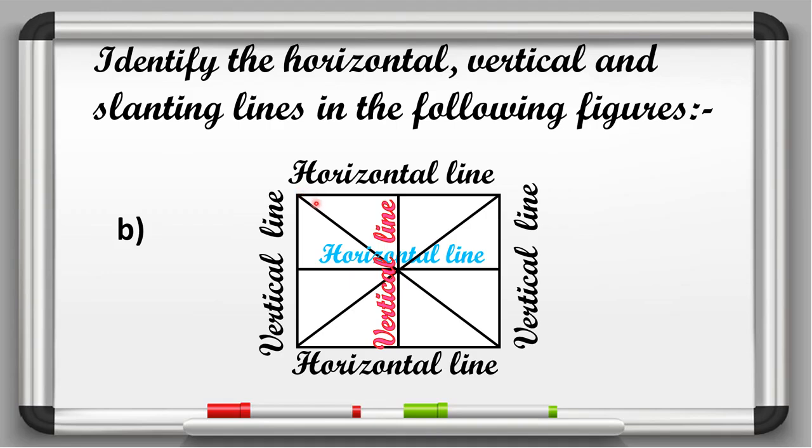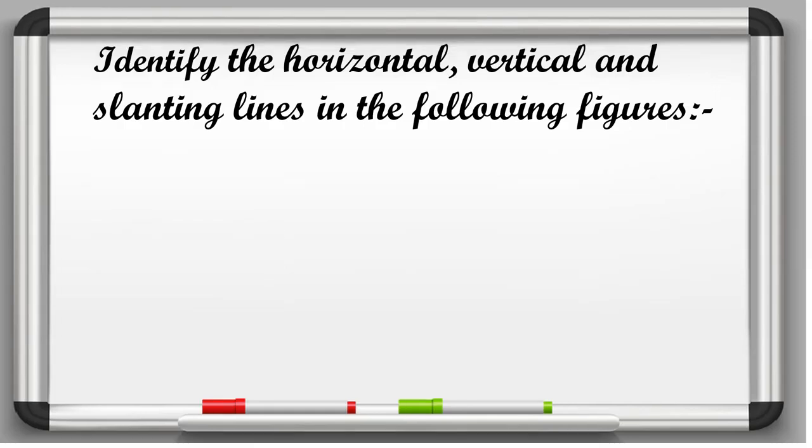So here straight है ये line, you can see, but these are slanting. So here we will write slanting line like this, and here again we will write slanting line. Understood, beta? So two slanting lines are there, three horizontal lines are there, and three vertical lines are there in this figure. Understood?